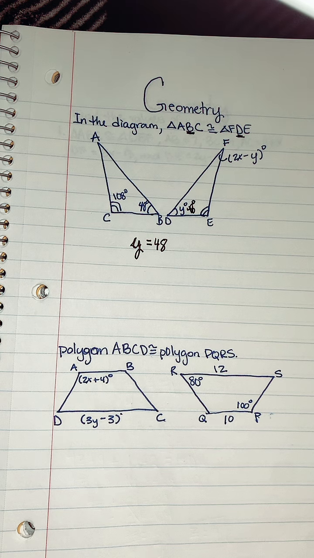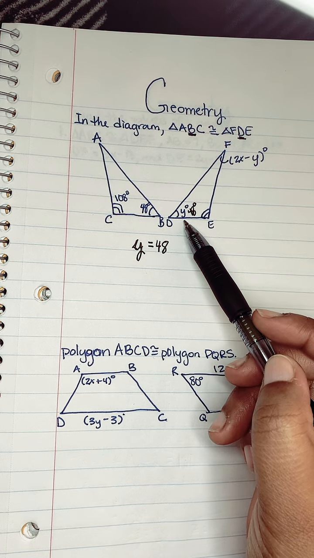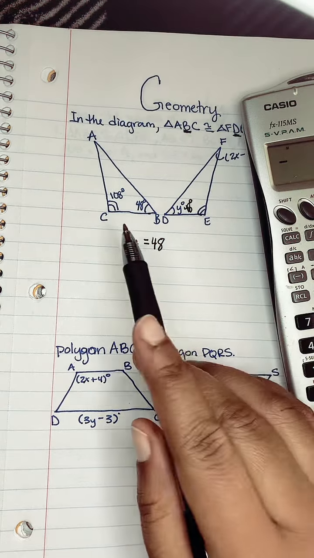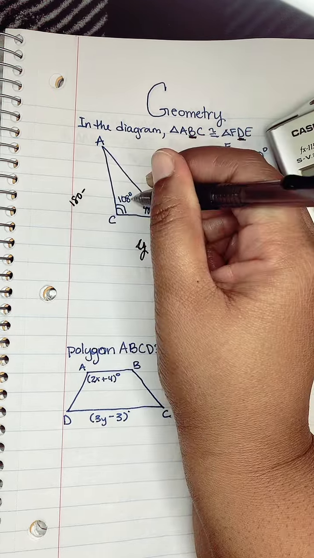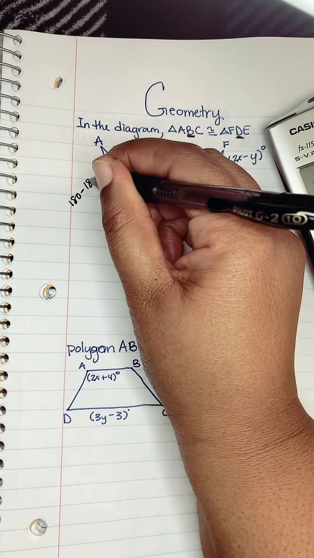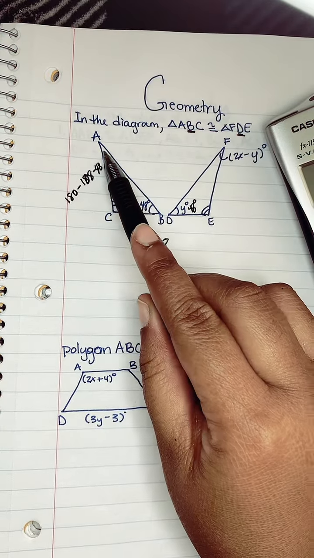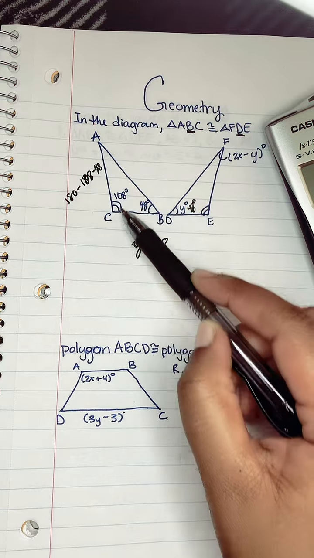Sani said, can't you just do 180 minus 108 minus 48 to get angle y? No, because if we do that, let's talk about that. That's a great question. If we do 180 minus 108 minus 48, we're finding angle A here, because all triangles add up to 180.